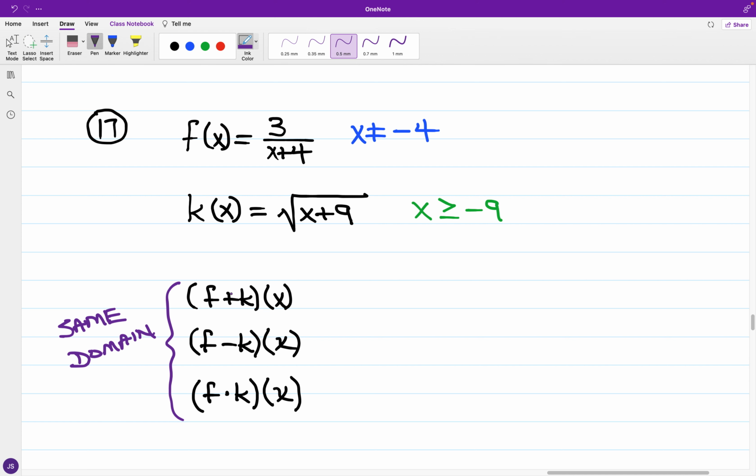For the sum, difference, and product functions, I need to be able to work with both f of x and k of x. To work with f of x, again, x cannot be negative 4. And to work with k of x, at least x must be greater than or equal to negative 9.